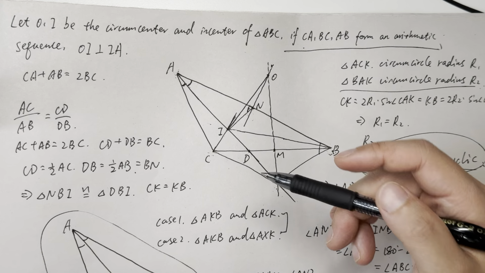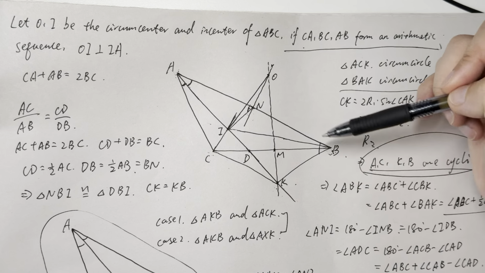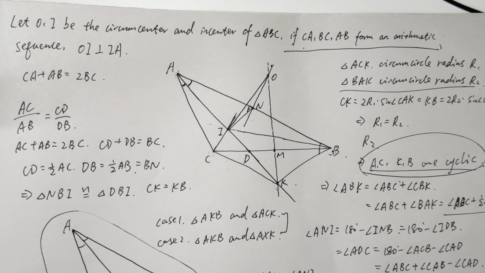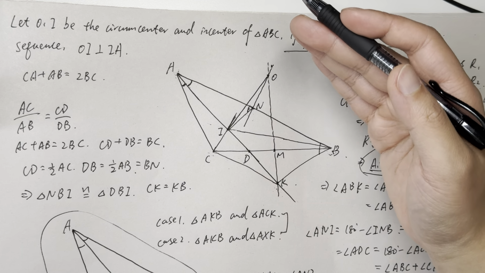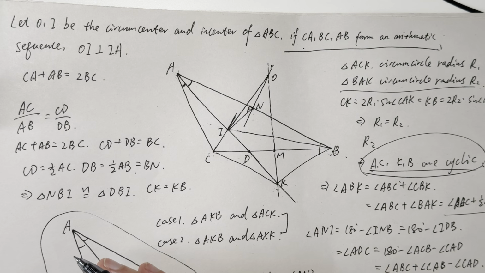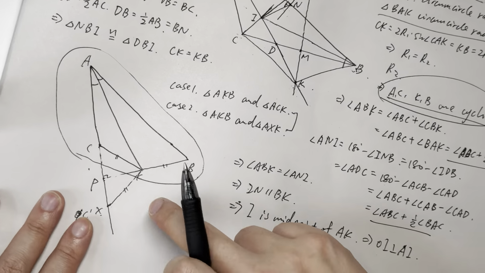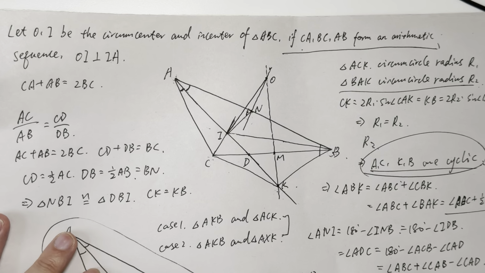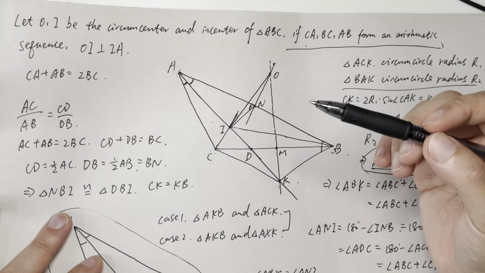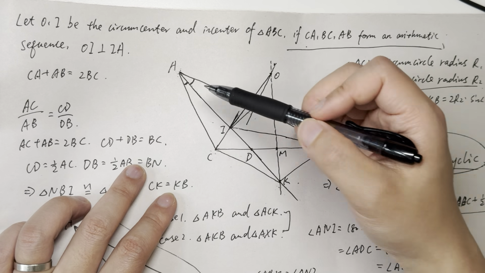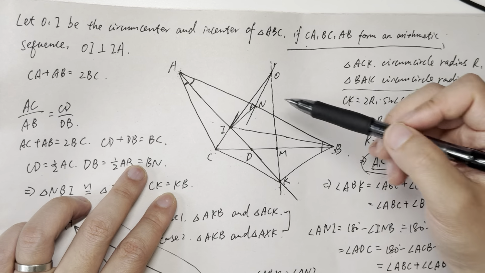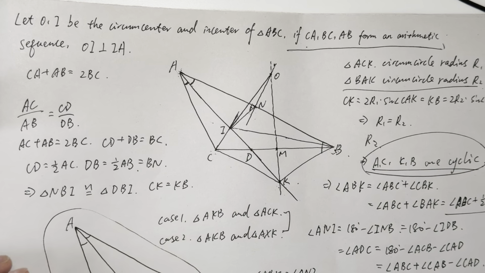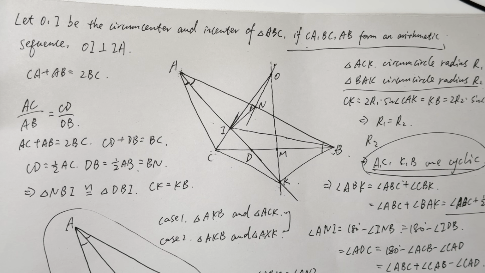And it cannot be that, for triangle AKB and triangle ACK, the circumcenter is separate, on one side of AK and on another side of AK, because that case only happens under this form, not under this form. Which means the circumcenter of triangle AKB is the circumcenter of triangle ACK, which means ACKB are cyclic. This is the most critical part.